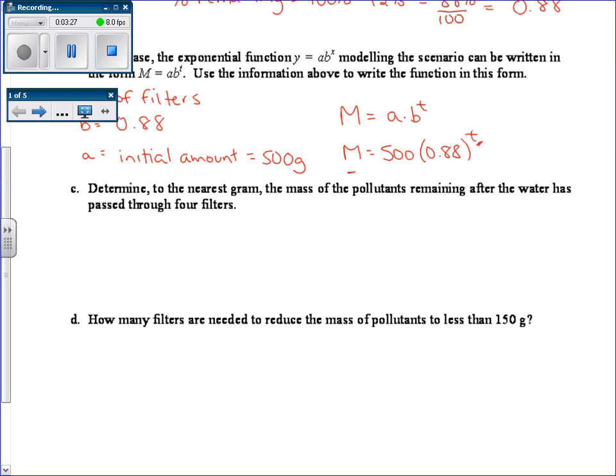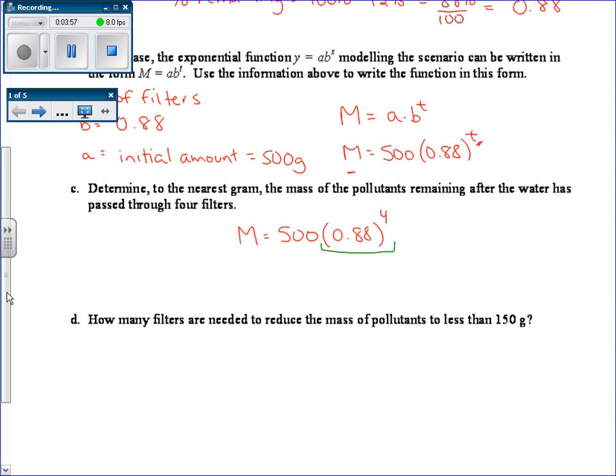So part C, determine to the nearest gram the mass of the pollutants remaining after the water has passed through 4 filters. So we just want to go m is equal to 500 times 0.88 to the power of 4. Okay? Remember on your calculator to do this portion first. What we should get when we calculate that is 299.85 grams.